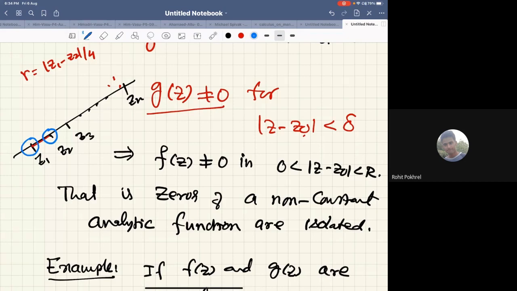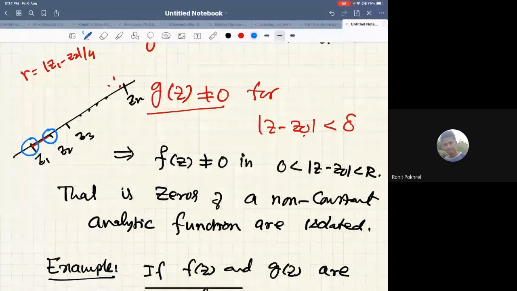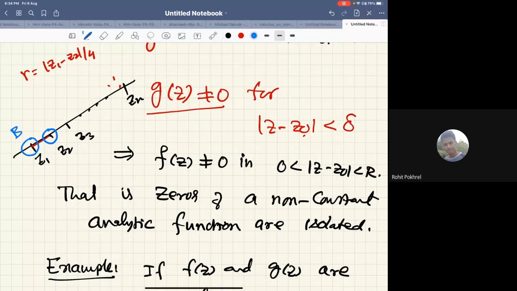Since you raised the question, let me explain to others also. This is the ball around z1 with radius r, and this is the ball around z2 with radius r. I can separate these two zeros with two different open balls. That means in this neighborhood I have only one zero, no other zero.